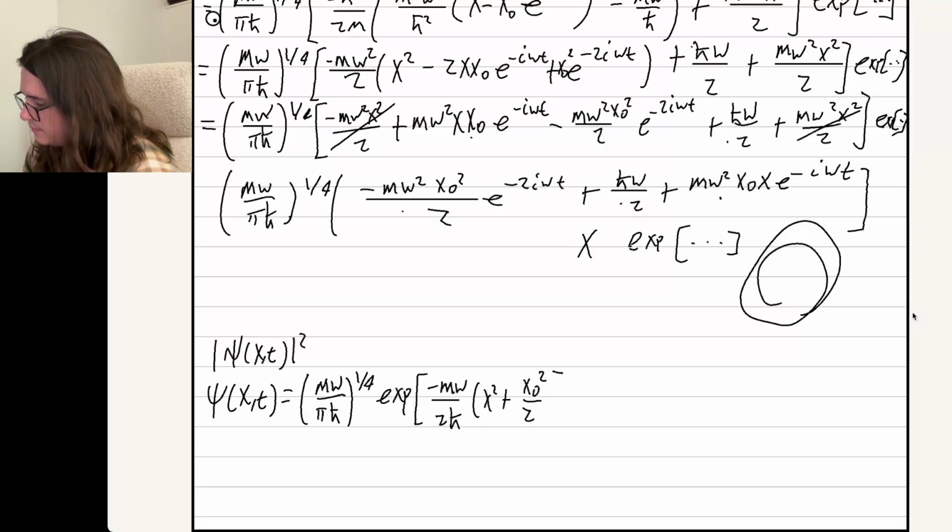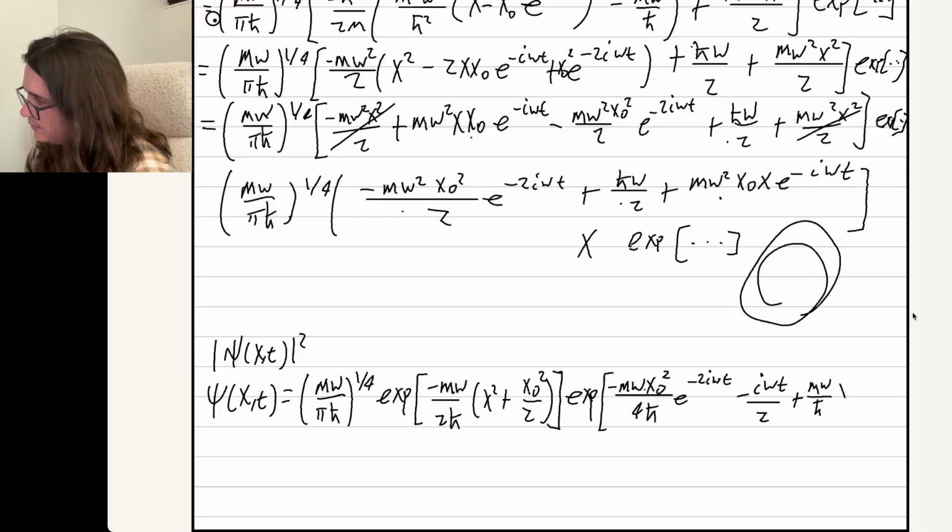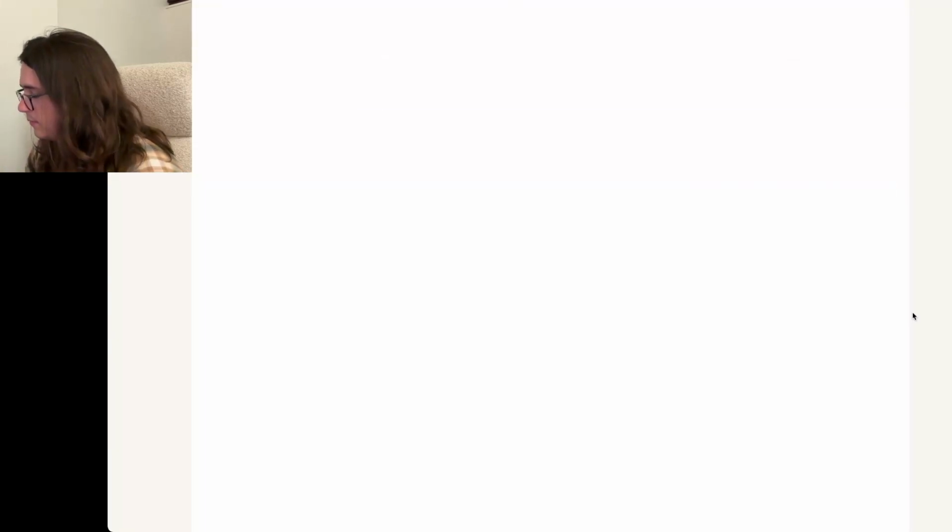And then anything that's imaginary or complex is going to go over here in the complex zone. And it's m omega x naught squared over 4 h bar e to the minus 2 i omega t, minus i omega t over 2, plus m omega over h bar x naught x e to the minus i omega t. Right, that's just a little rewriting of the wave function.